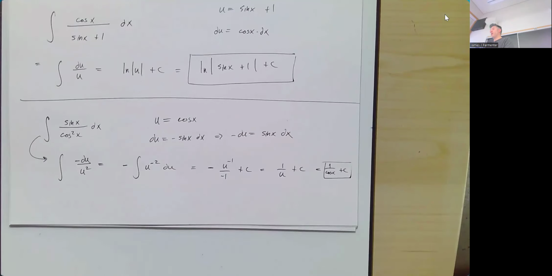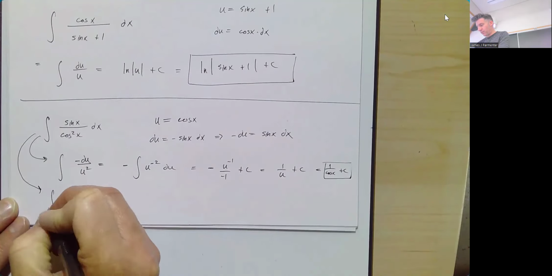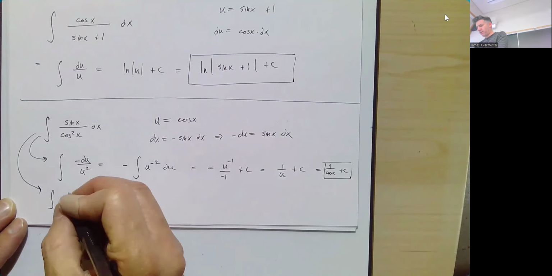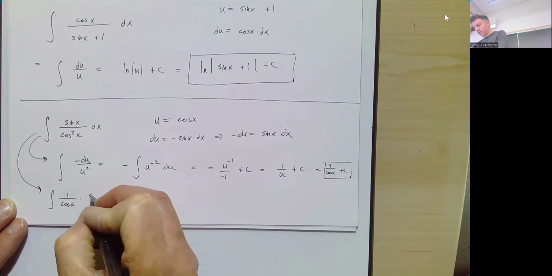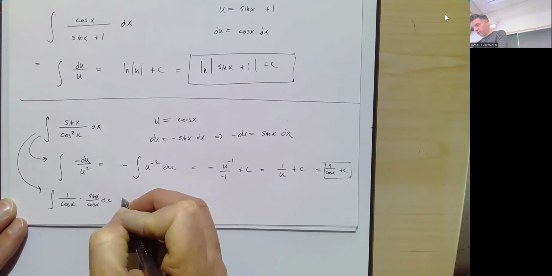But I will also point out that sometimes you can see something, meaning the less intuitive way to see this is to say, oh, I have 1 over cosine times sine over cosine, which I could write as secant times tangent.